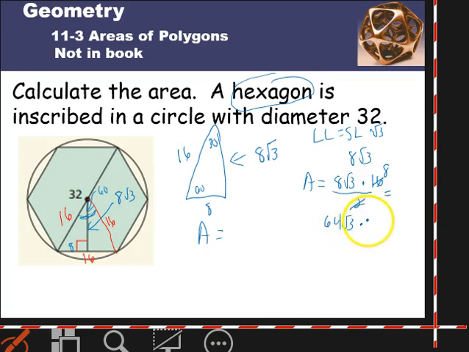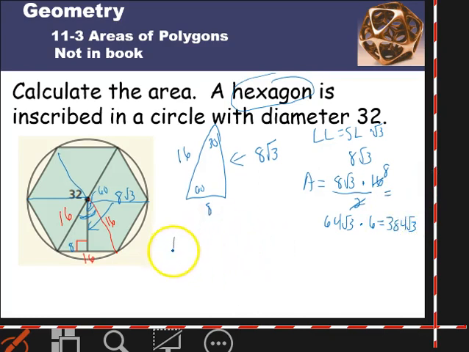But then I would have to multiply that by 6, because there are 6 of these triangles in here. So 64 times 6 is 384. So I get 384 root 3. And we'll come back to the decimal in a second.